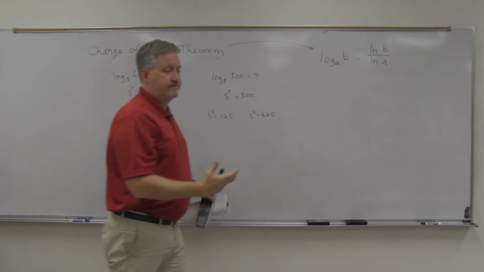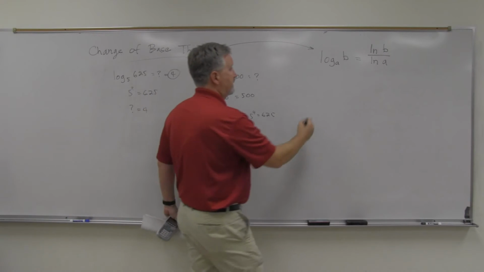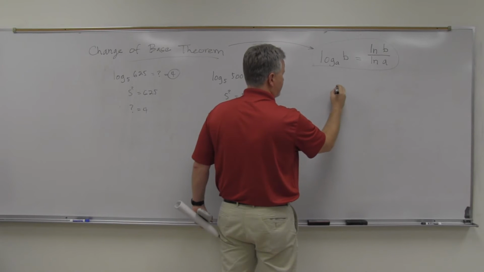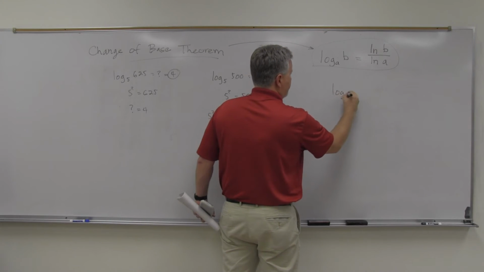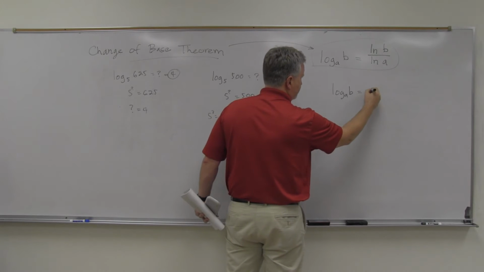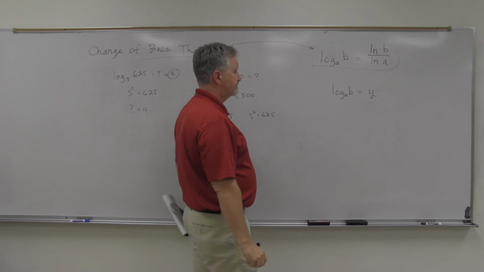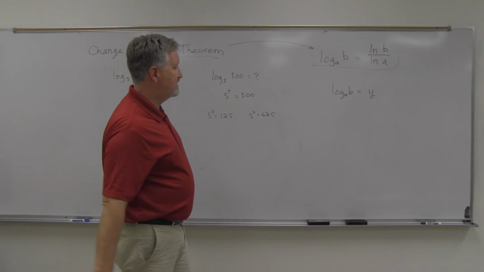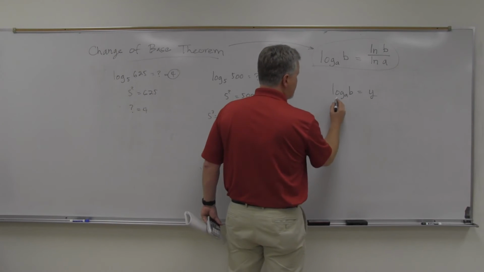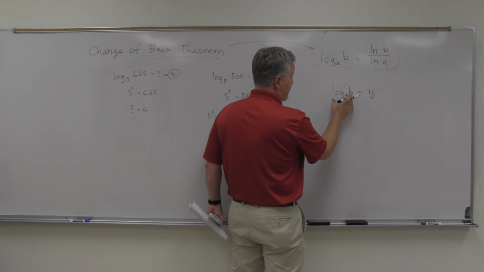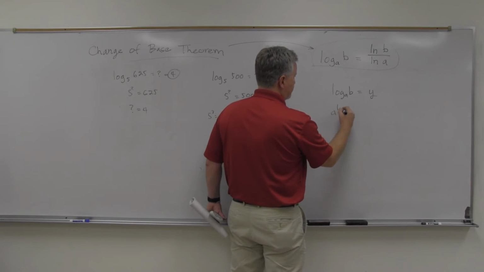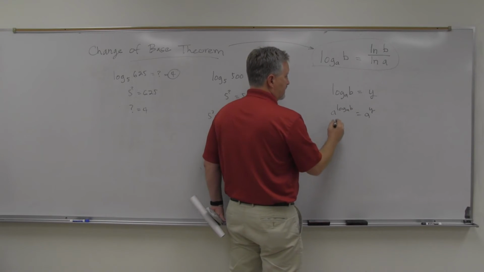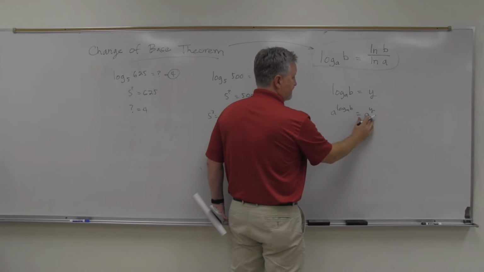Now, where does that come from? I'll just show you where we get this. We've got log base A of B, and I'm trying to figure out what that equals, call it Y. That's kind of a log equation, so if I exponentiate both sides, A to that equals A to that.